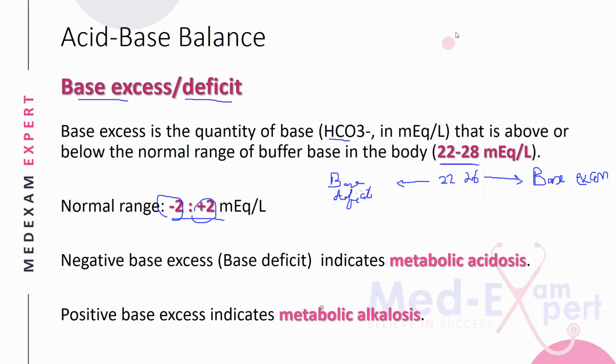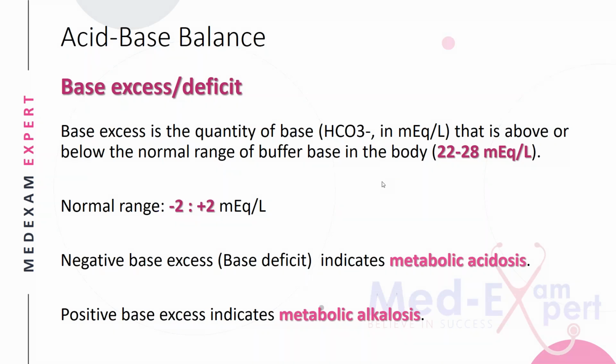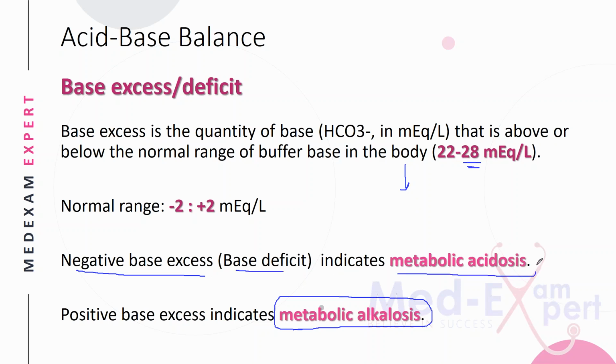And as I am talking about bicarb, which is the representative of this metabolic system, any increase in the bicarb level or a positive base excess can represent metabolic alkalosis, because of course when the bicarb increases, the alkalinity increases. And when the bicarb is low, below the normal range, or when I have a negative base excess or base deficit, this indicates metabolic acidosis.